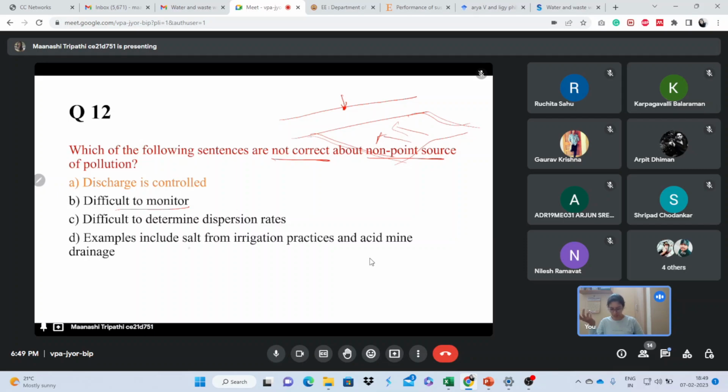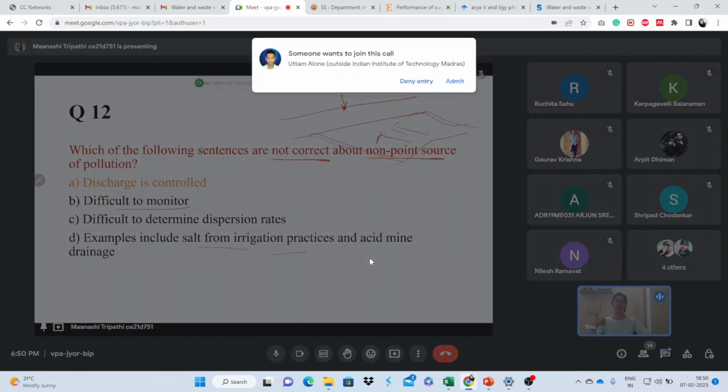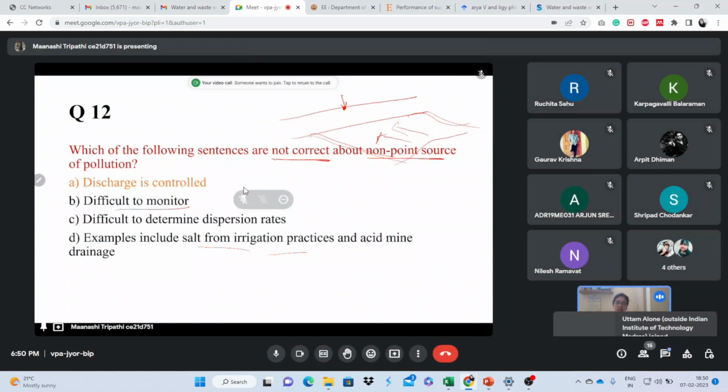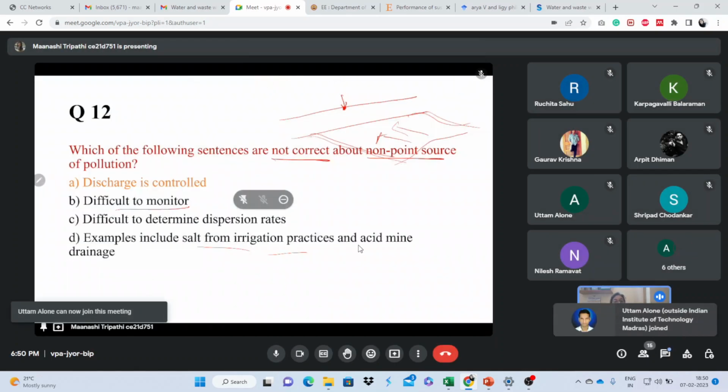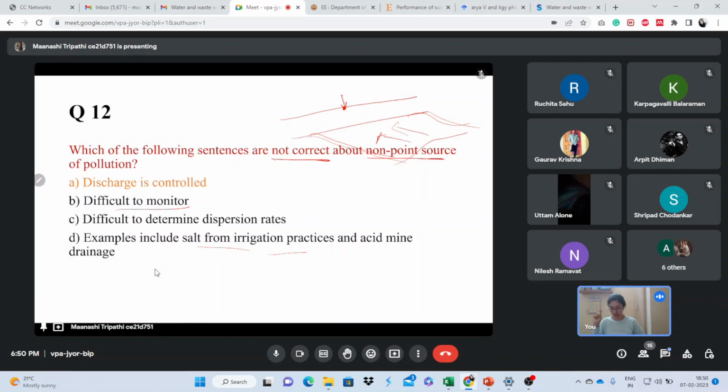One example is salt from irrigation practice. How does this salt come in irrigation practice? It can be fertilizer, pesticides, insecticides, all those things, and acid mine drainage. So the incorrect statement is discharge is controlled. The correct statement would be discharge is uncontrolled.